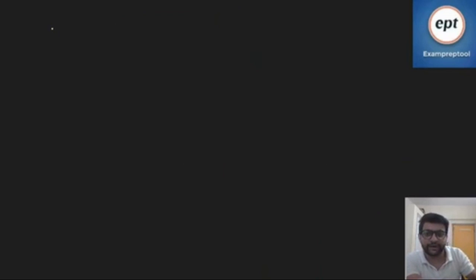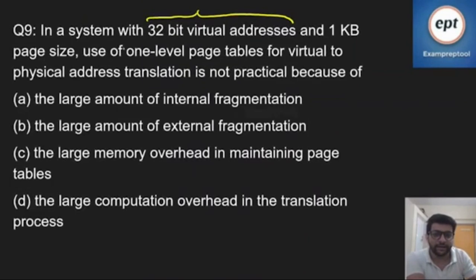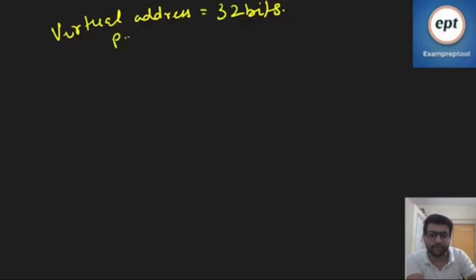So just write the information. It has been given that the virtual address size is 32 bits, right? And the page size is given to be 1 KB.